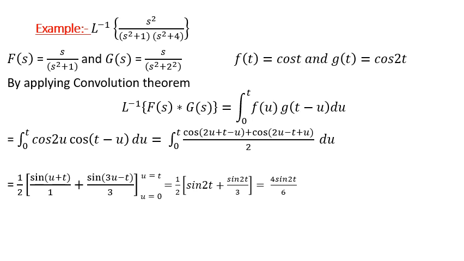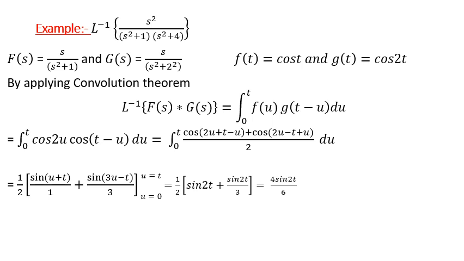Now, cos A cos B is cos (A plus B) plus cos (A minus B), by 2. Apply that formula. You will get the integral from 0 to t of cos (2u plus t minus u) plus cos (2u minus t plus u), by 2. Simplify that. You will get cos (u plus t) plus cos (3u minus t), by 2.